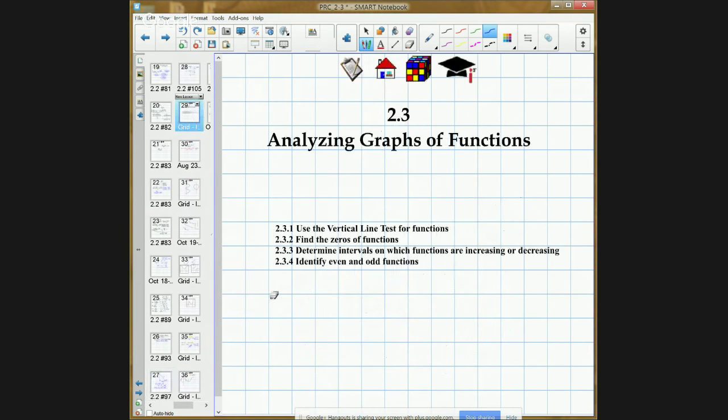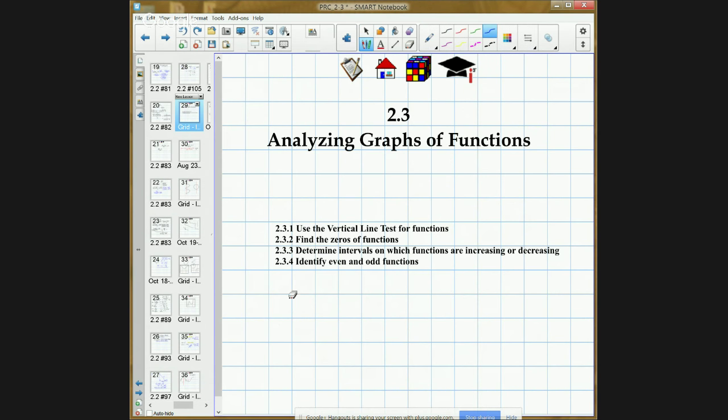So here's lesson 2.3, analyzing graphs of functions, and you can see from the list what it is we're trying to do here. We have 4 objectives. The first one is vertical line test. I think you guys already know that. We use the vertical line test to find out if it's a function or not.